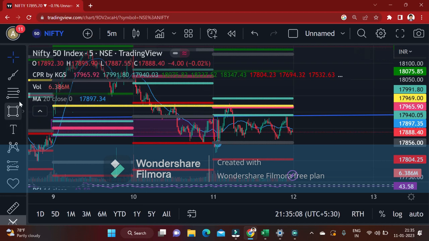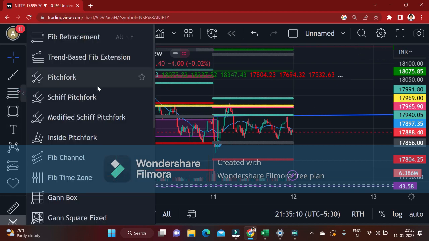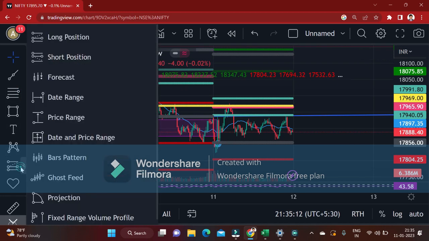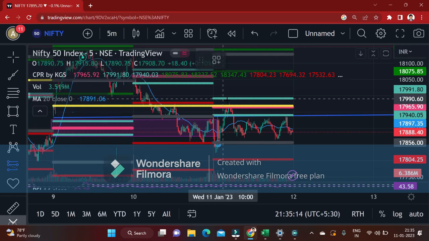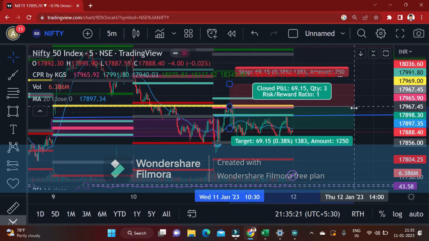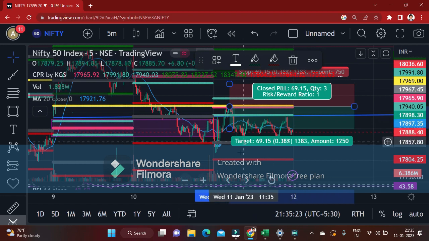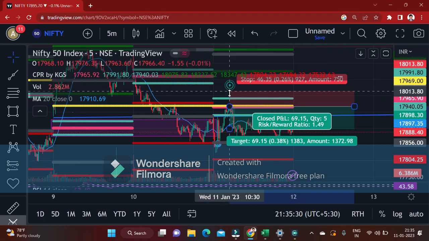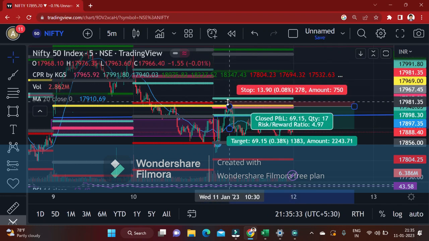Okay, so here if you are taking a short position with this line, and you are risking here, just putting the stop loss above the supply zone and middle CPR.